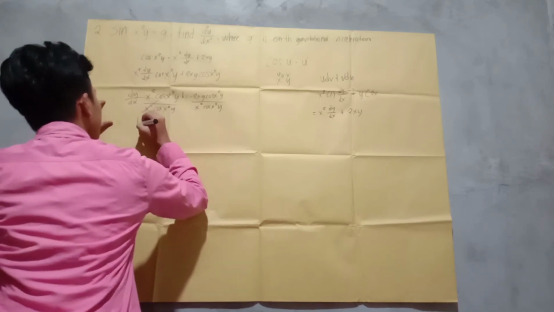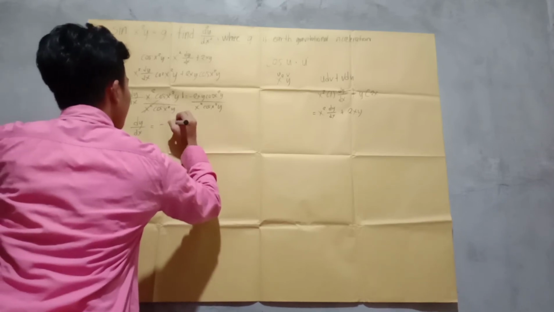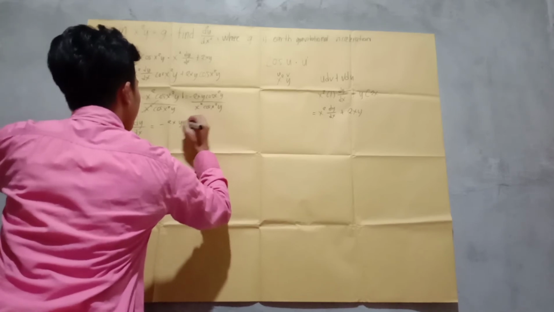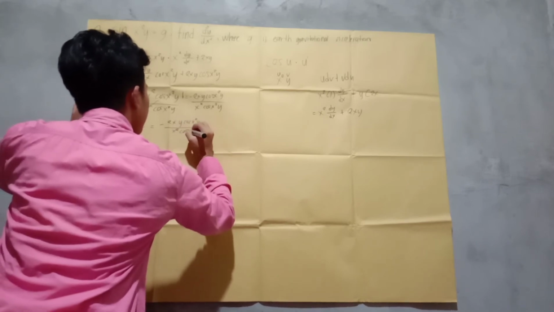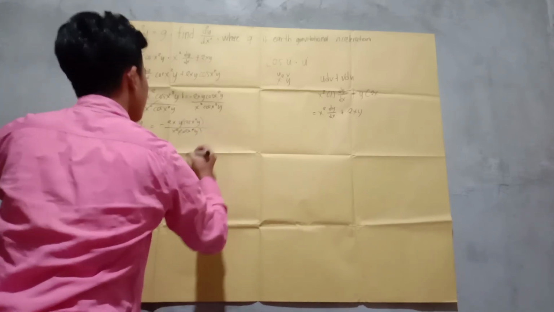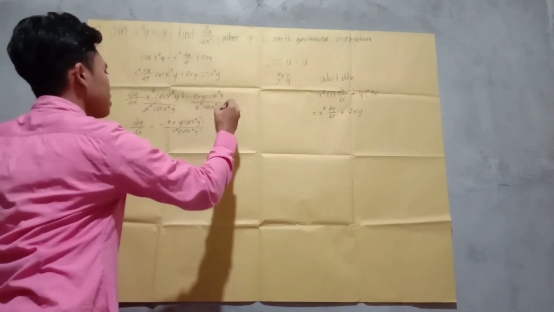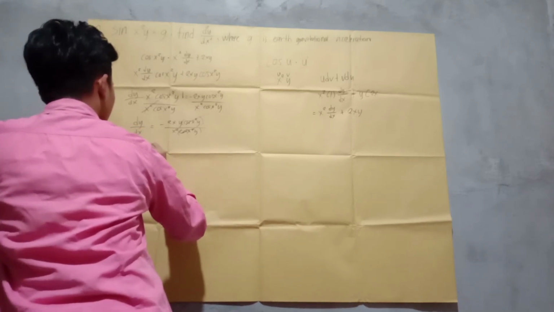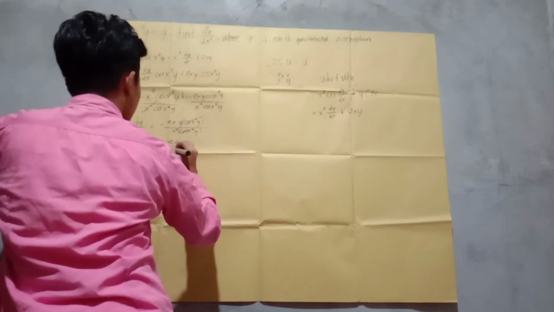The remaining term will be dy over dx is equal to negative 2xy cosine x squared y over x squared cosine x squared y. We can also cancel the common cosine factor, so the remaining dy over dx will be negative 2xy over x squared.